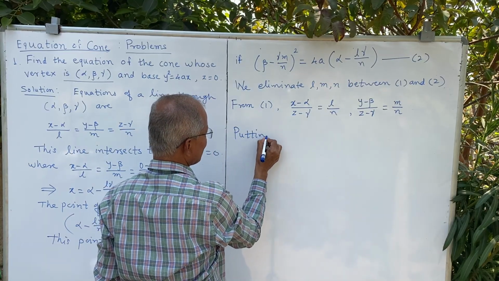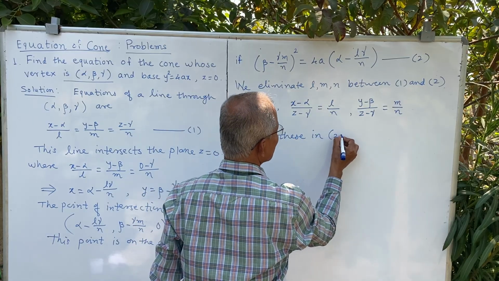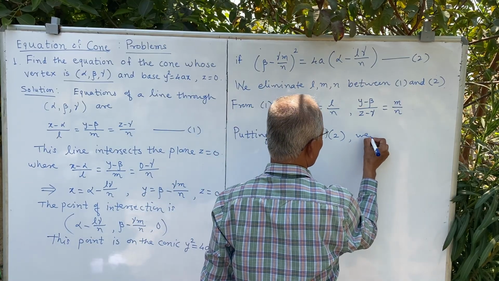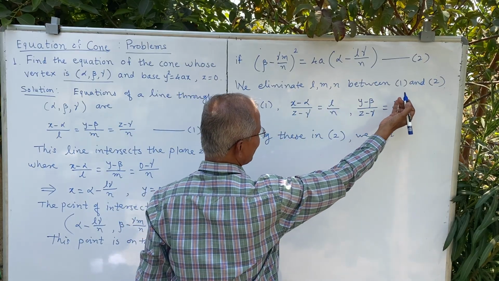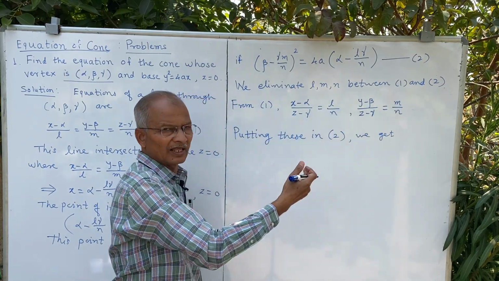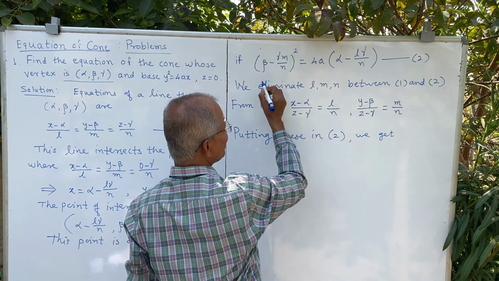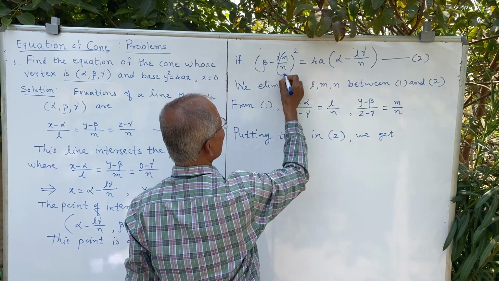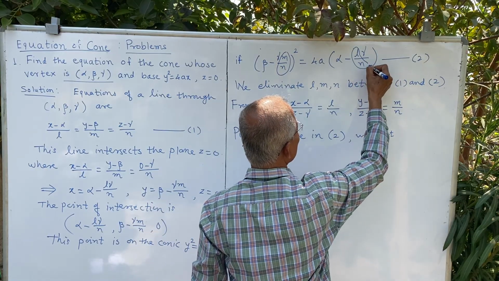So putting these values in the second, we get, and that will eliminate L by N and M by N, which means it will eliminate L, M, N. So M by N is here, and L by N is here.